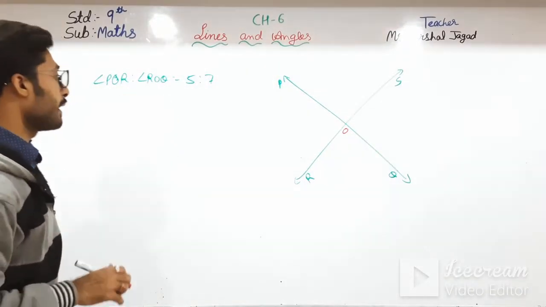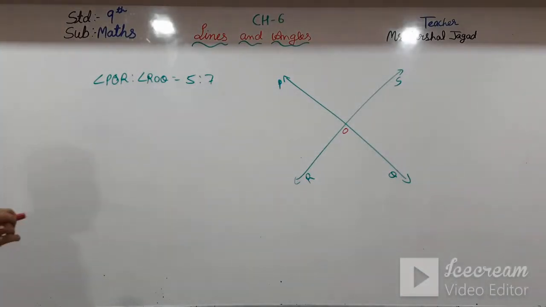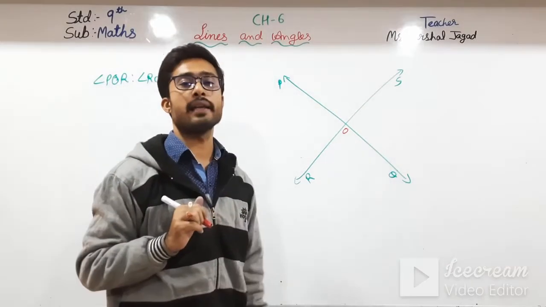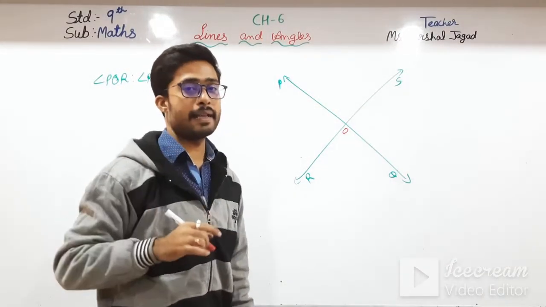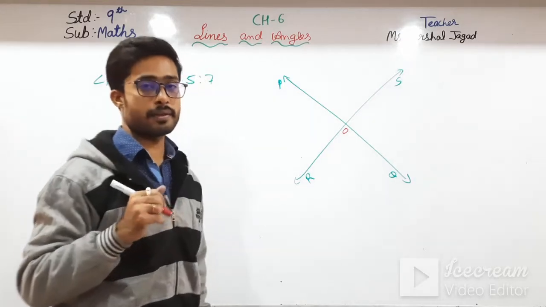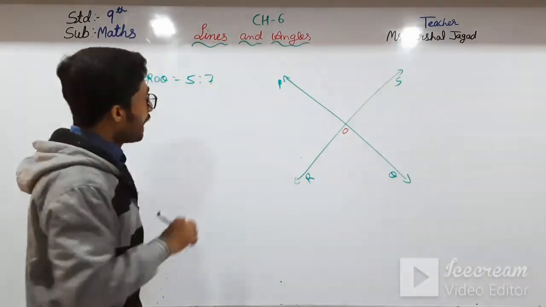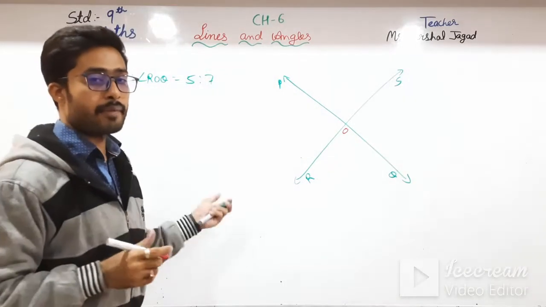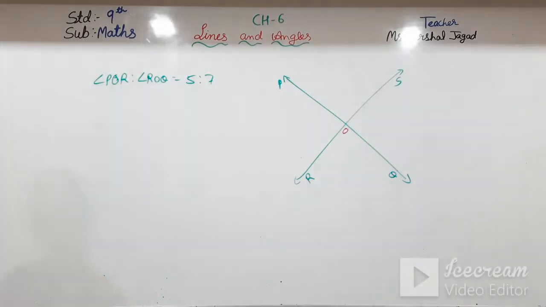Okay, so how will we find? Can anybody give me an idea about that, or first of all solve by your own idea. I am giving you 10 seconds, pause the video and do it by your own, and I am calculating that example on the board.